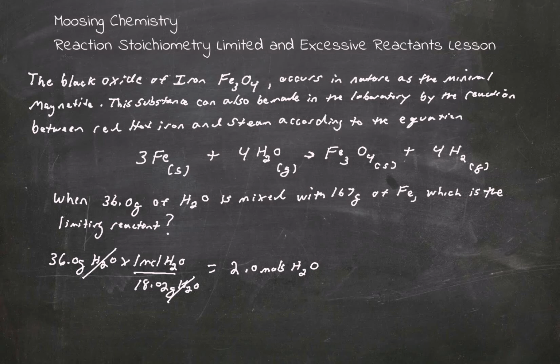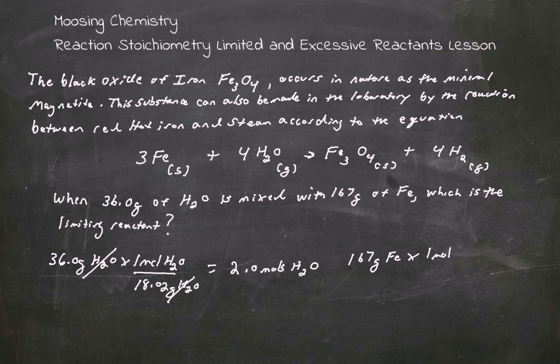Well, you can already tell that if we did this reaction, you see there's a 4 here. So we need probably 4 moles of water to make this work, but let's just make sure. Okay, so we'll take the 167 grams of the iron, and we're going to find out how many moles of iron that makes.